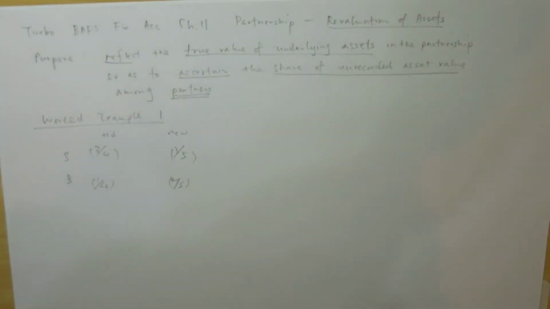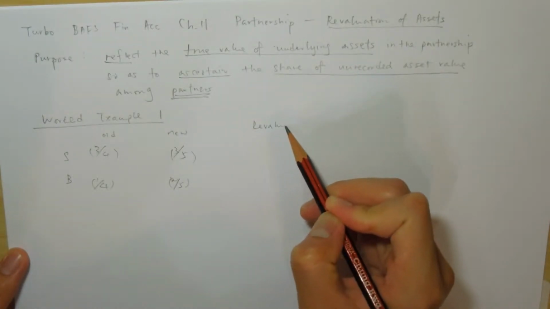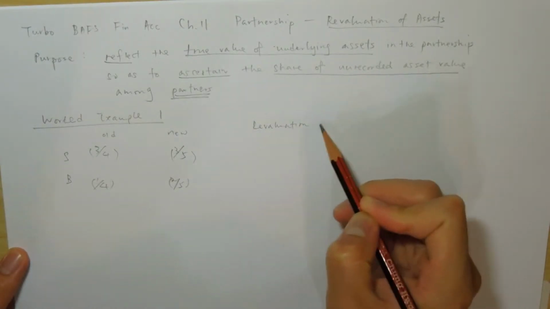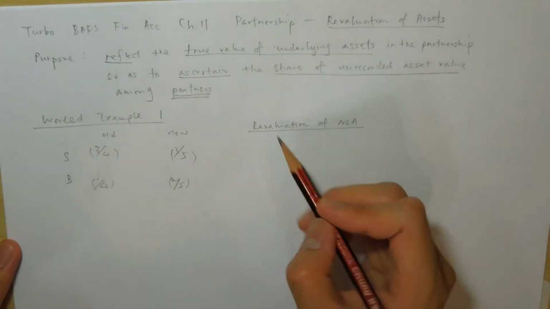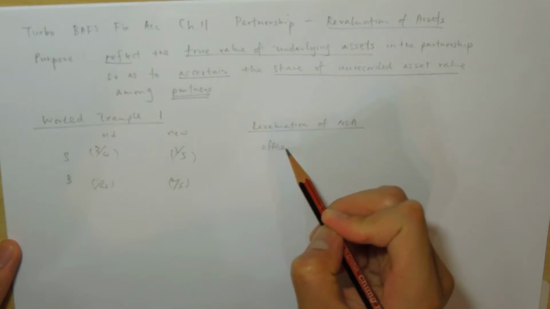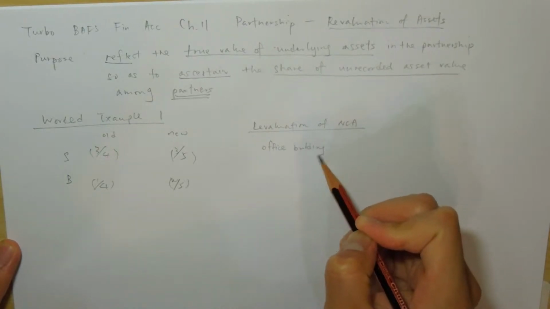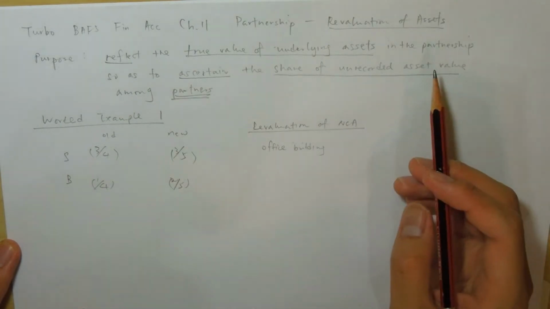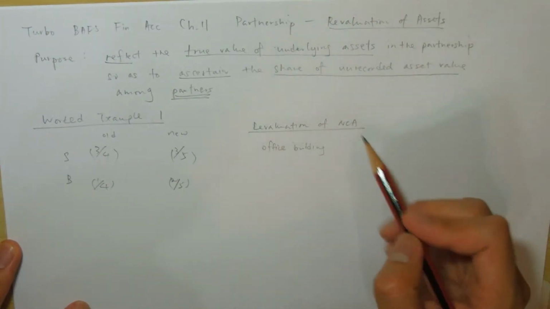Okay, and here is some revaluation for the asset. Let's see. NCA. Let's take a look. For the office building, undervalued by 120,000.